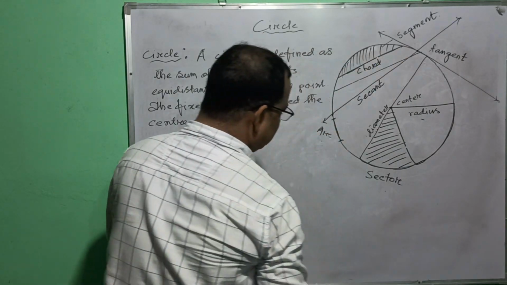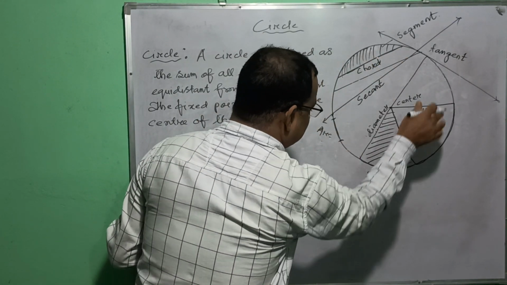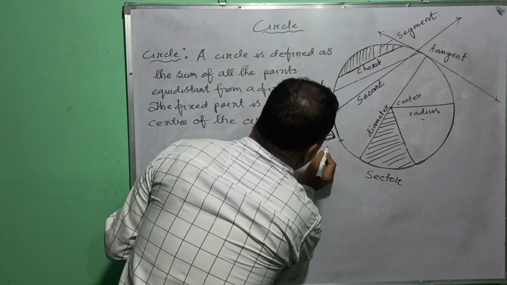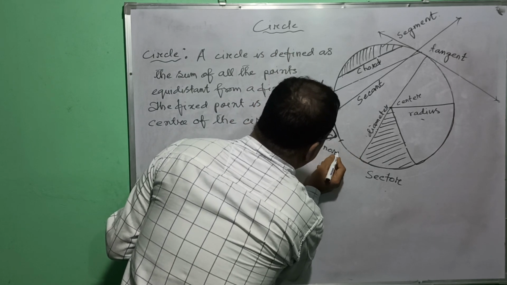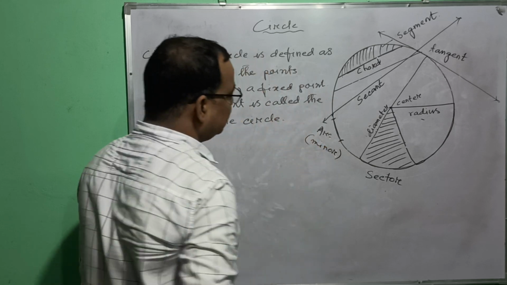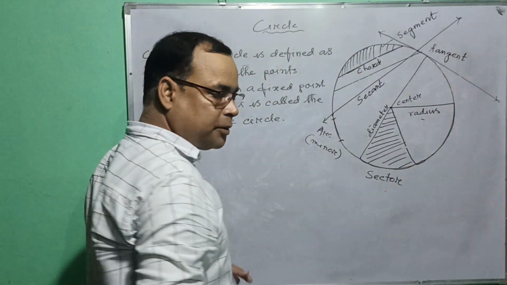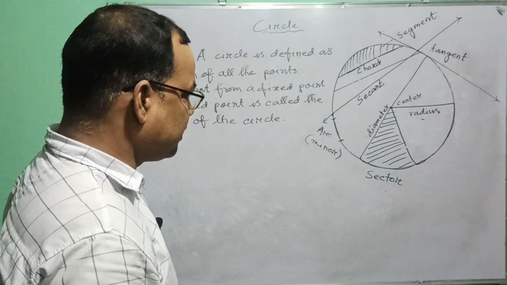This part is called minor arc, so let me write here minor. That part is minor arc and the remaining part is also an arc, and this is called major arc.